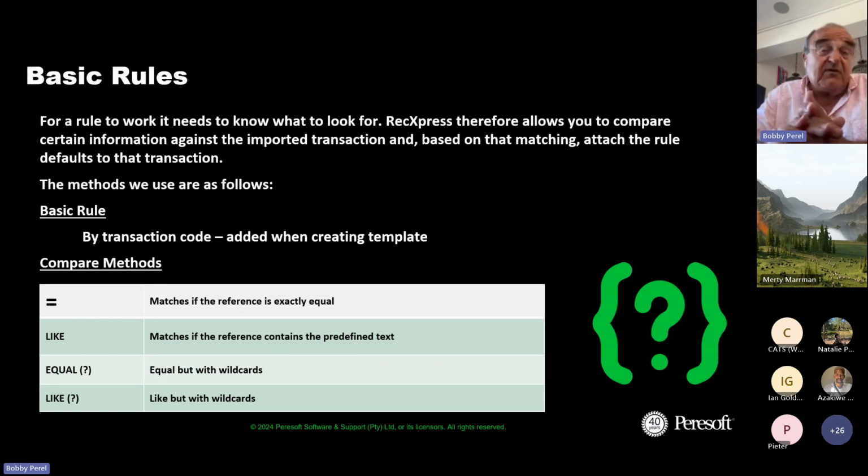Because what we added was, some references have only the first 4 words the same, and then the next 3 are numbers, etc. So we added the question marks to keep it within a certain like command, and we've also added a question mark where the first 4 are the same, and then you have different words or letters afterwards. But I'm going to go into a lot more detail on the next slide. So there are your basic rules: by transaction code, and then you have a compare method.